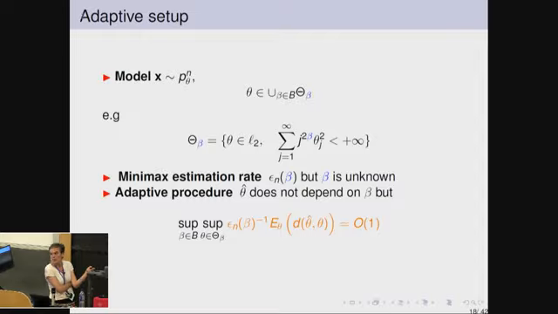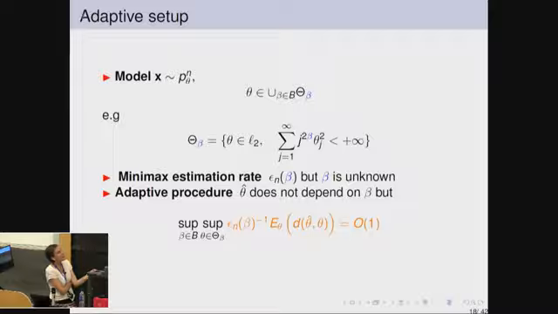Now you don't know beta in truth. You don't know the smoothness of your true parameter. So what you want is an estimator that doesn't depend on beta, but still does well for every parameter which belongs to theta beta. What I mean by good is that if you knew beta, then you would be assuming that theta belongs to this set, or to a ball within this set, and you would get a minimax rate to estimate it from a frequentist point of view, which I call epsilon n of beta.